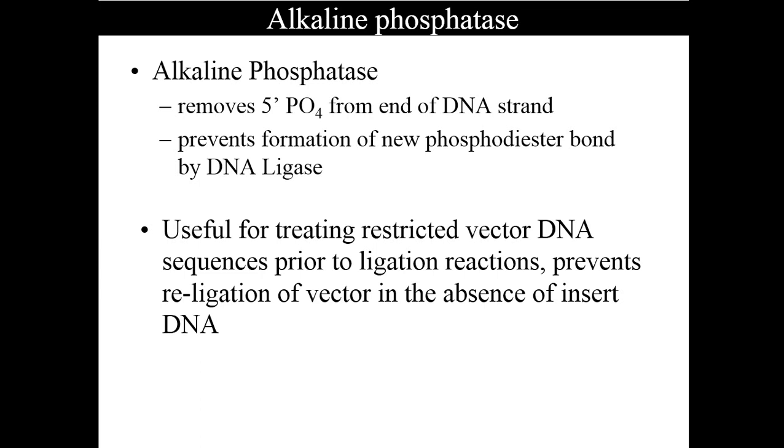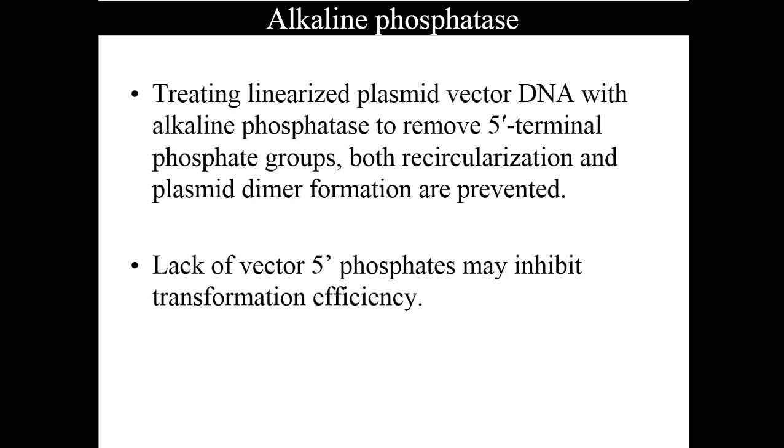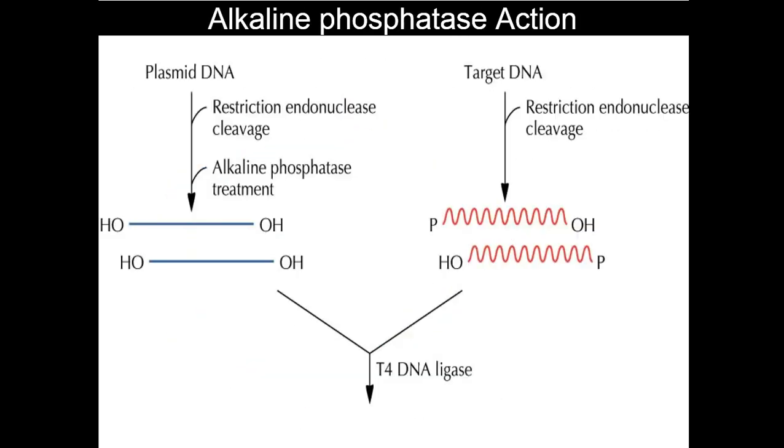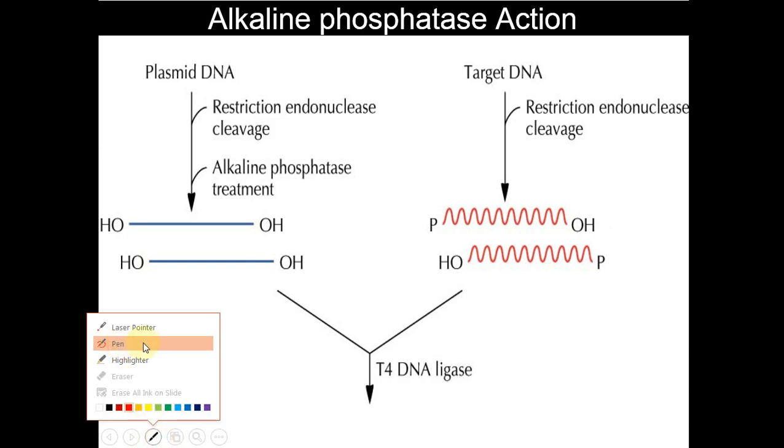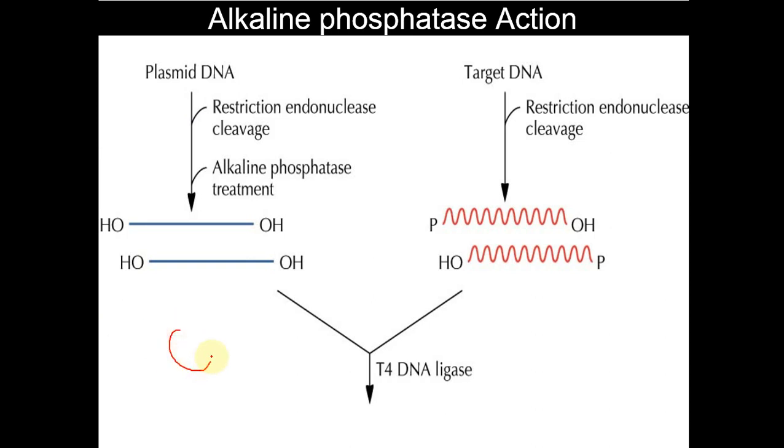See, if you cut the vector, there must be a diagram. See this one. If you cut a plasmid vector with a restriction enzyme, what happens is, I'll show you. Suppose this is the plasmid vector. Consider this as double-stranded circular DNA. If you cut it with the restriction enzyme, this will generate two ends. One has a 5' phosphate and the other has an OH.